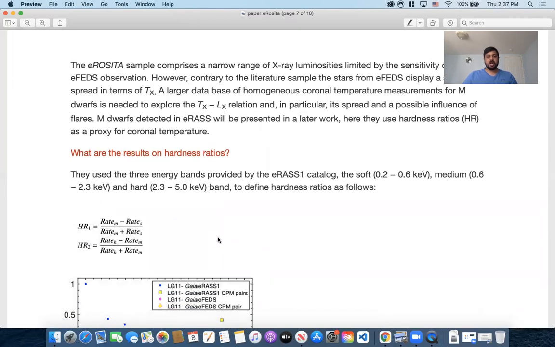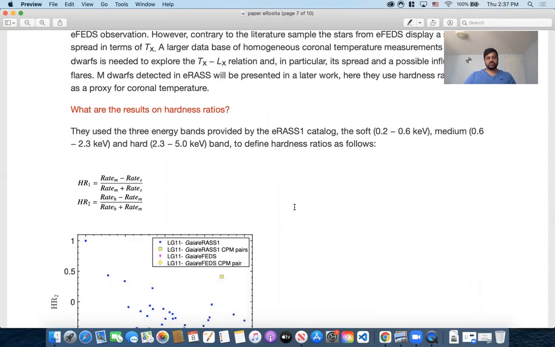What are the results on hardness ratio? They use three energy bands provided by the eRASS1 catalog, the soft, medium, and the hard band, and define hardness ratios as follows. So these are the hardness ratios, HR1 and HR2.